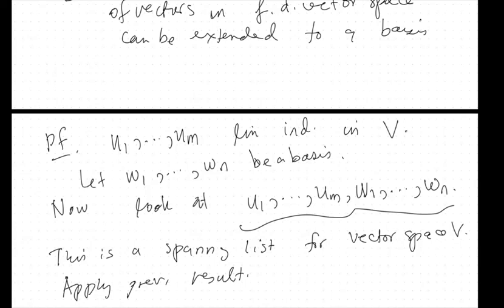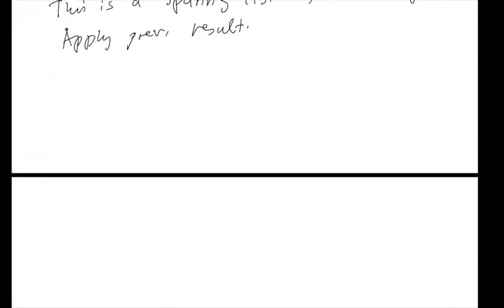And of course, it will still contain U1 to UM. We remove elements from the W list until we get U1 to UM adjoined with some elements from W1 to Wn, which is a spanning list and also linearly independent. Okay. So that's easy.